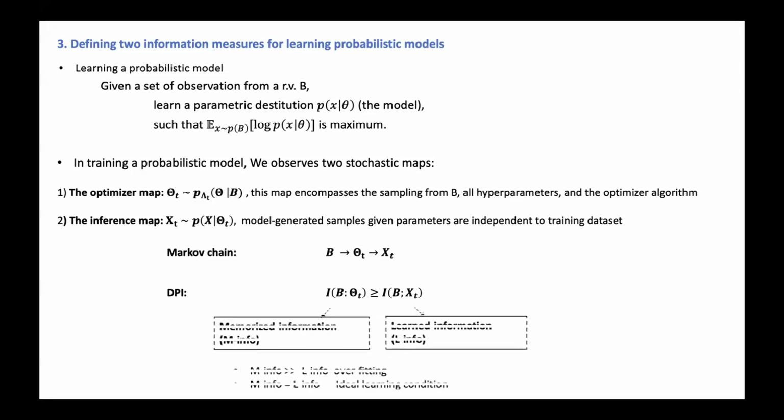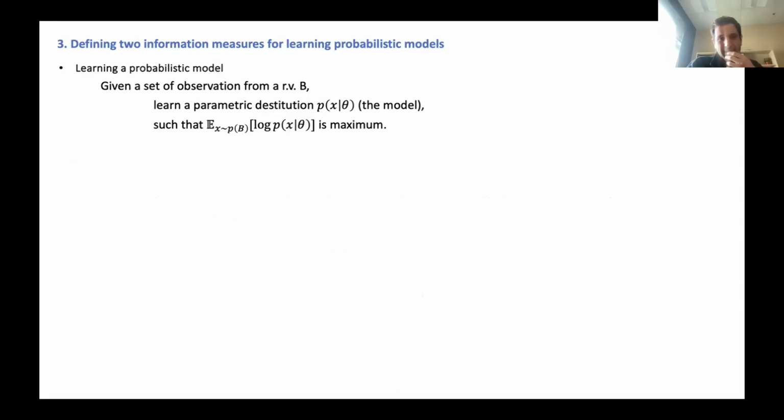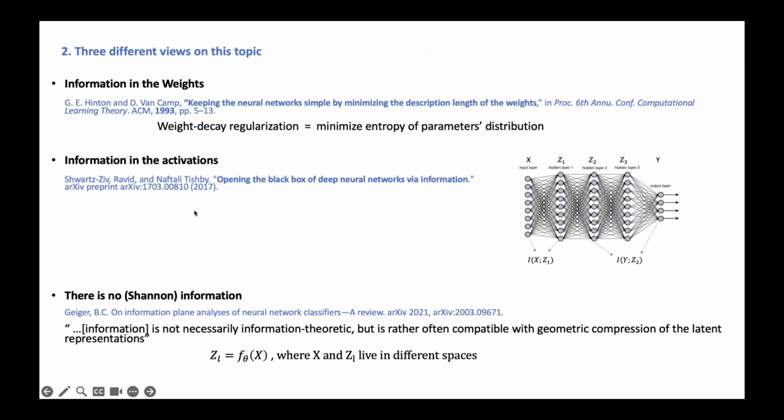In your case, you don't want to commit to specific layers. So let me go back and ask you a question. Do you see any difference between the way that Hinton and Van Camp measure information in a neural network and the way that Tishby does? Oh yeah, no, I do.